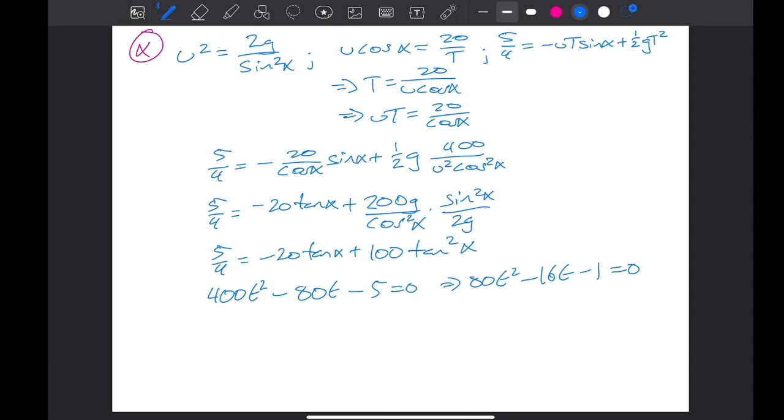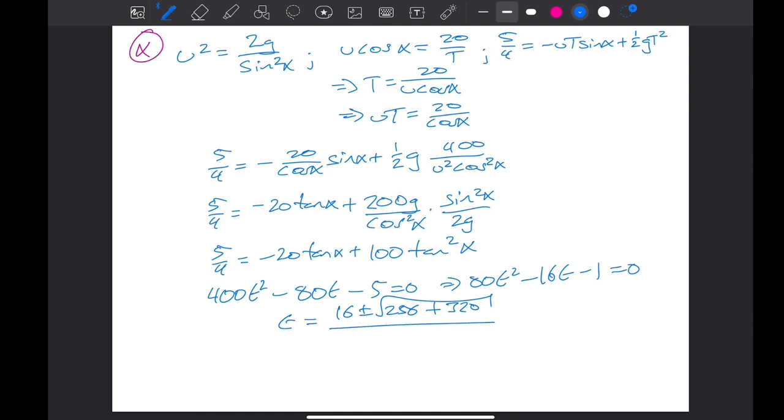And now then, we'll use the quadratic formula. So t is going to be equal to minus b, so 16, plus or minus the square root of b squared, so 256 for 16 squared, minus 4 times a times c. So the minus 1 on the c, we'll change that to a positive, and then 4 times 80, which is going to be 320. We'll put that straight in.